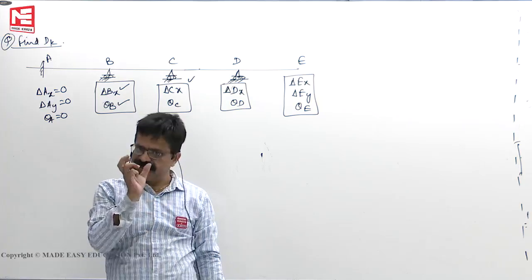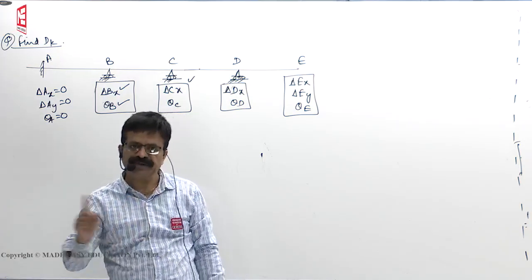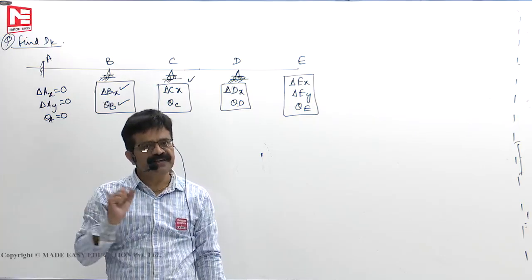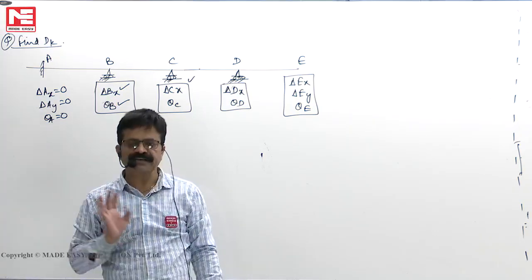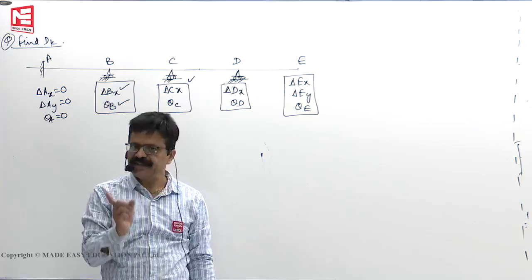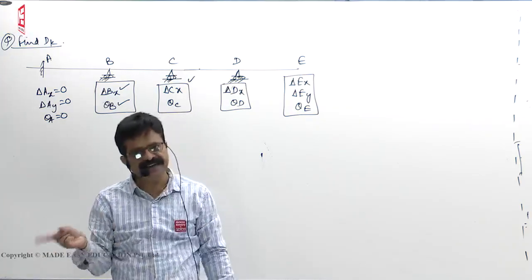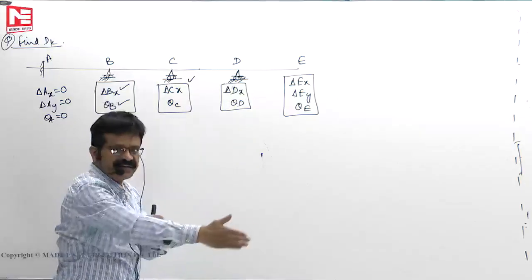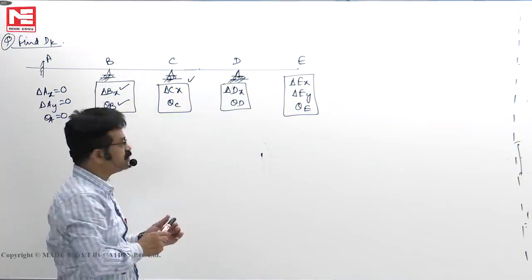That means delta L1, delta L2 are independently calculated, P1 L1 by A1 E1, P2 L2 by A2 E2. So independently you calculated the elongations. That means independent of the other member, this can elongate or contract.